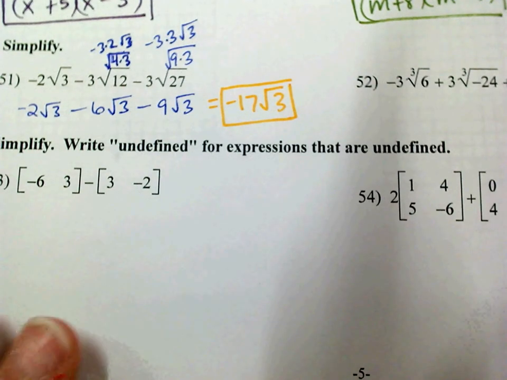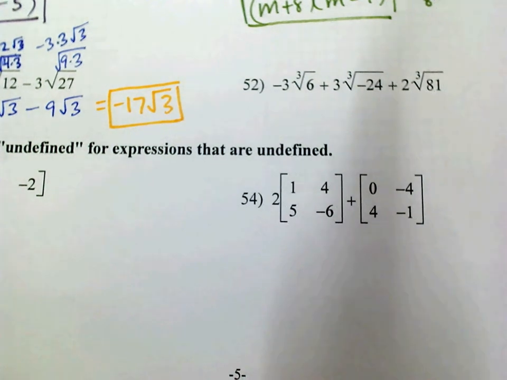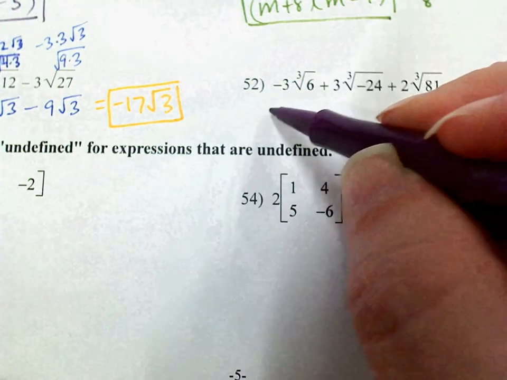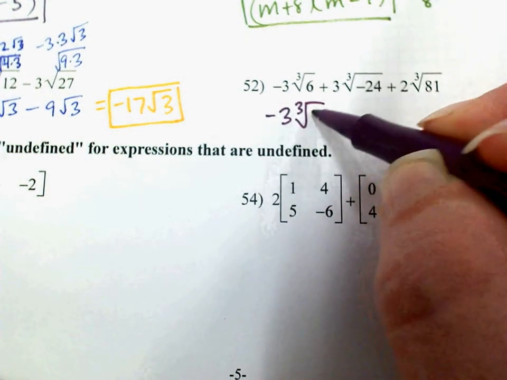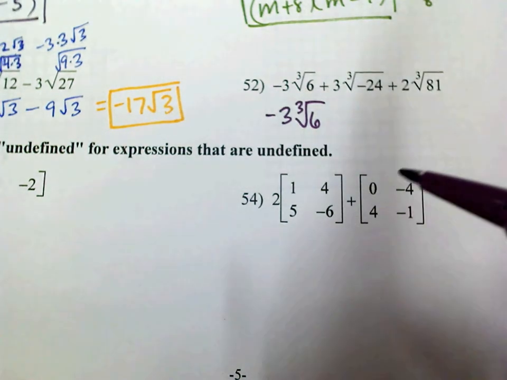On 52. Do I know the cubed root of 6? Is there one? I mean, there is one, but it's not a whole number, right? So I can't do anything with that. Negative 3 times the cubed root of 6. What about 24? Is 24 a perfect cube? 8 goes into it.